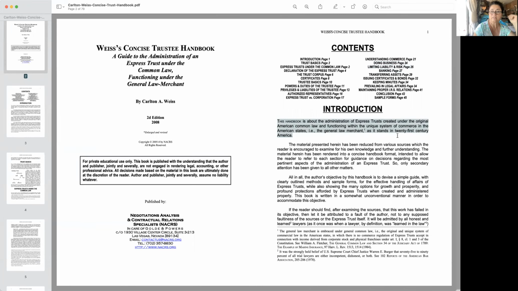I don't know how to scroll down on this thing. As it stands in 21st century America, the material presented herein has been reduced from various sources, which the reader is encouraged to examine for his own knowledge and further understanding.